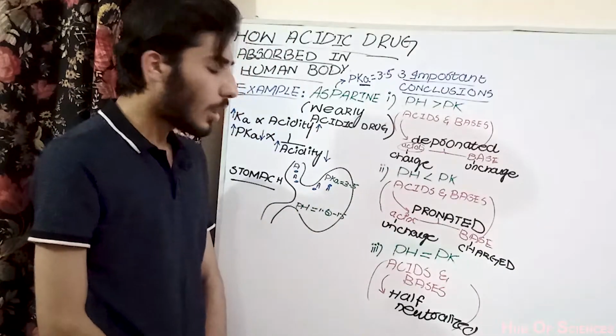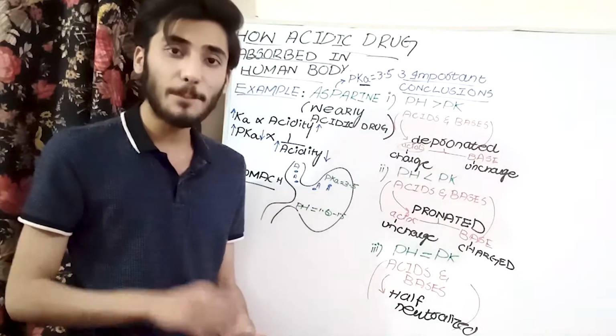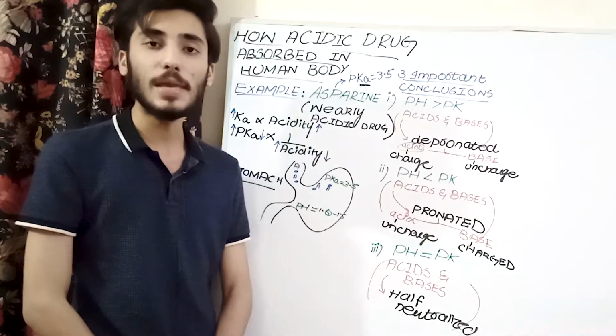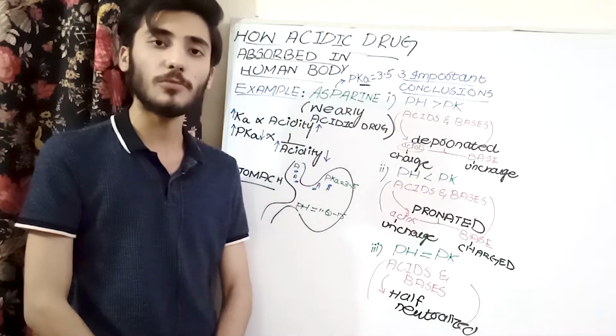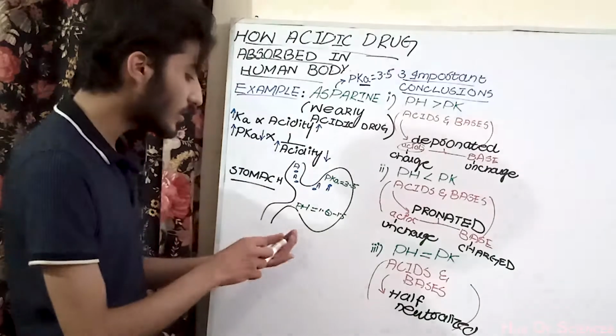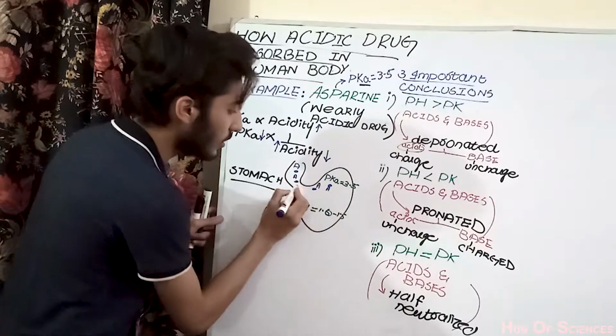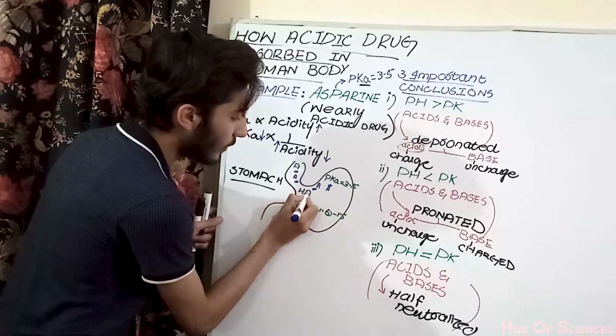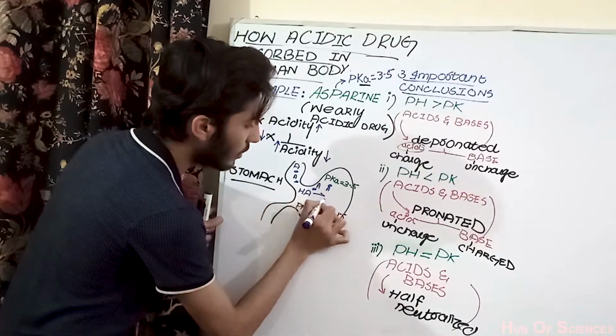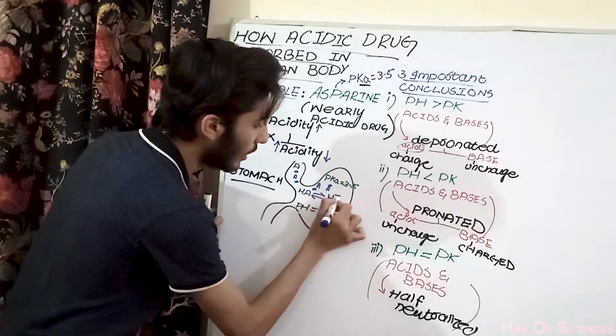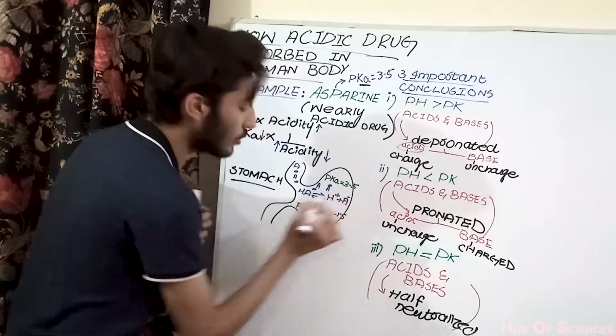In this case, we already know that the protonated form of an acid will be uncharged, whereas the deprotonated form of an acid will be charged. Why are we saying this? Because suppose this is the acid, the aspirin, which is weakly acidic. It dissociates and forms the hydrogen ion, and this A negative is its conjugate base.